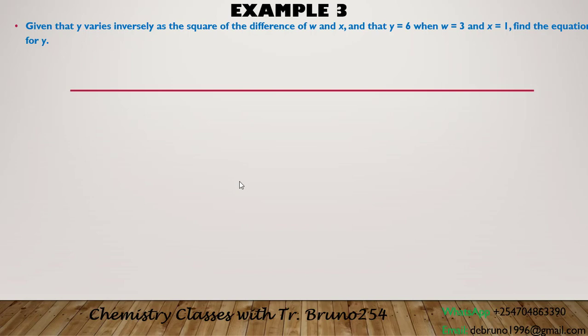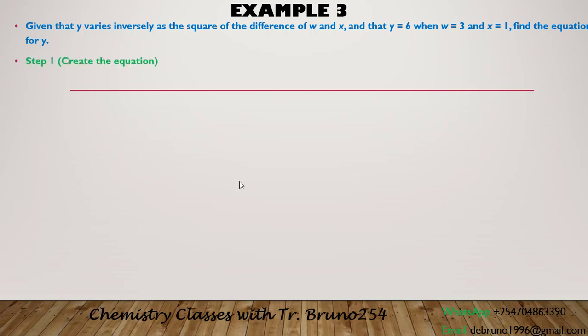Why can't we just convert the problem to a formula? I said earlier that when a variable varies inversely as another one, we have a fraction being formed, and the numerator is always the constant k.